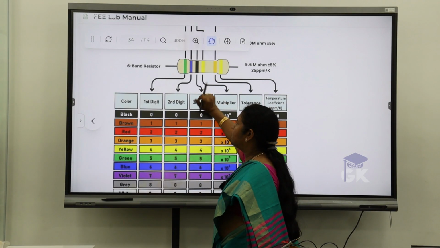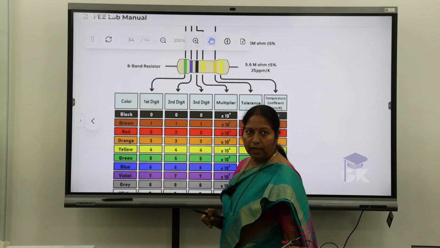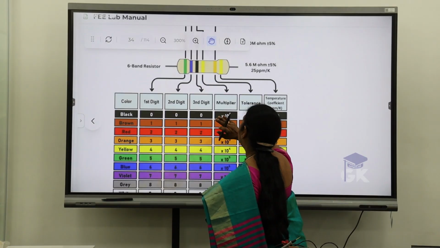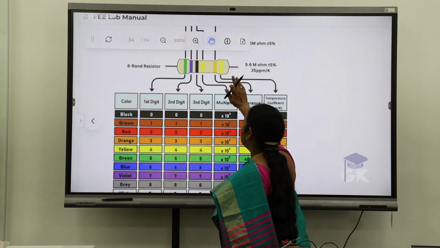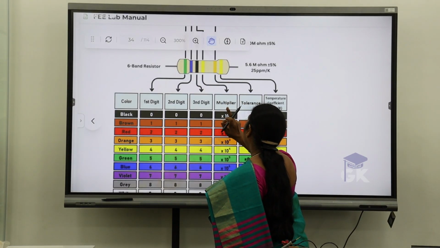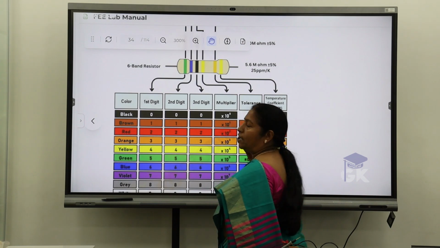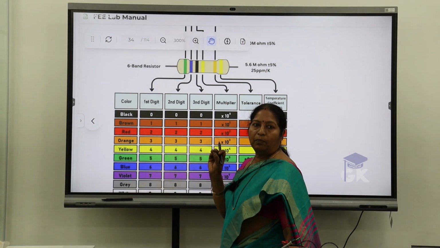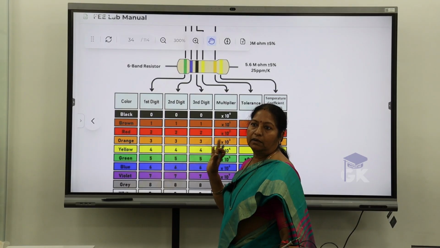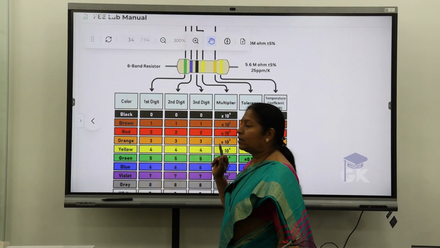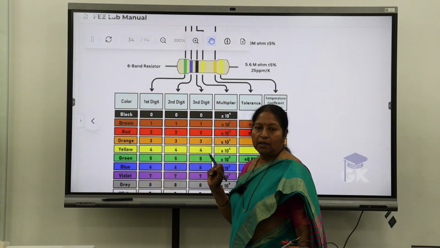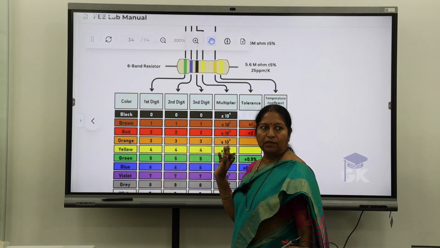The last one represents the multiplier. On the other side of the resistor, we represent the tolerance and also the temperature coefficient, in parts per million per kelvin, ppm per K. I'll tell you about that.